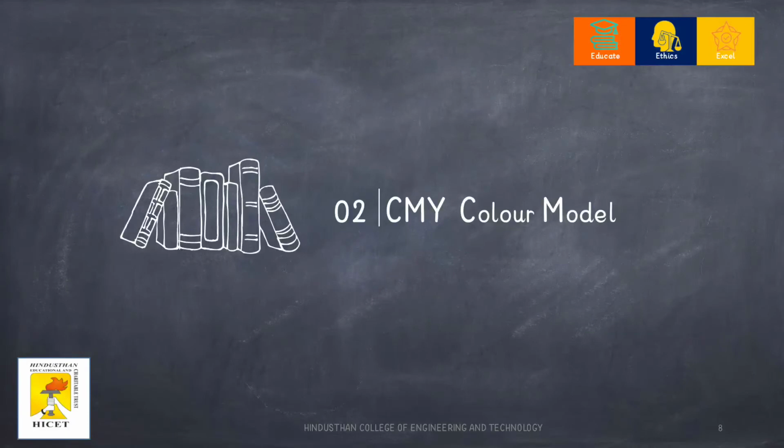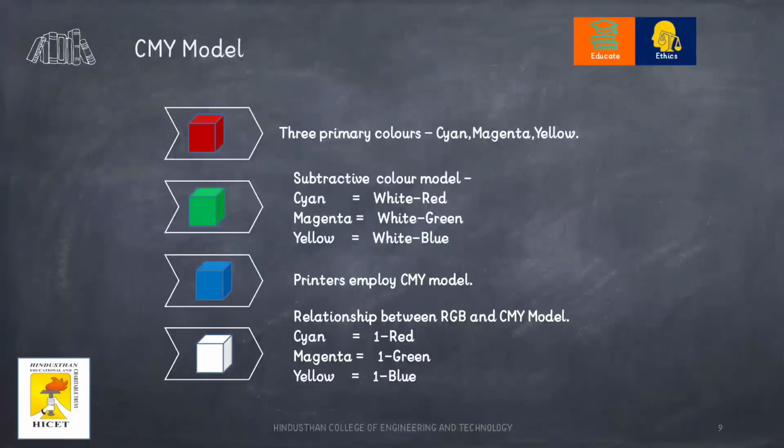Next comes the CMY color model. Here the three primary colors are cyan, magenta and yellow. They follow the subtractive color model, and cyan is obtained when red is subtracted from white.